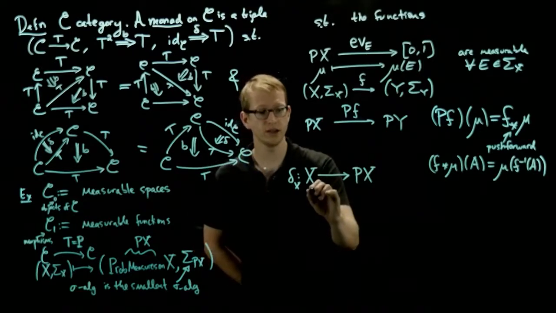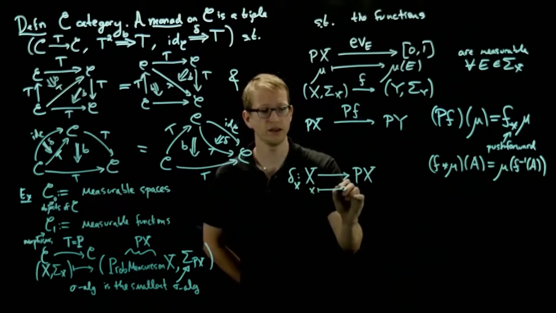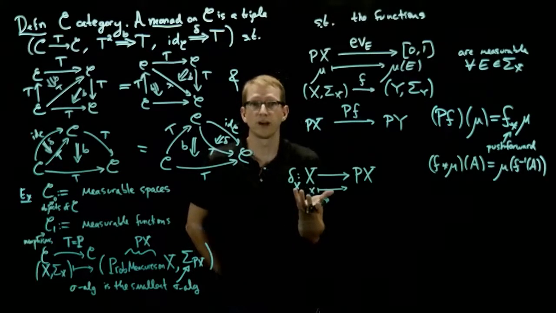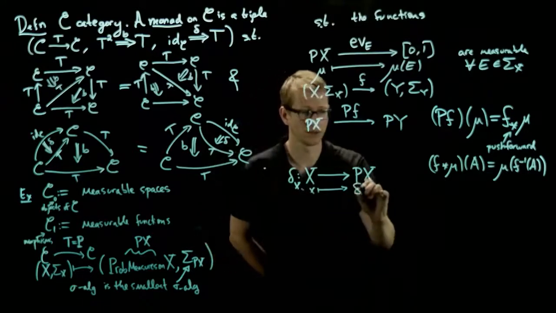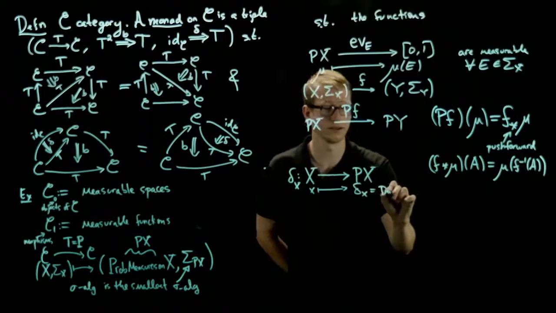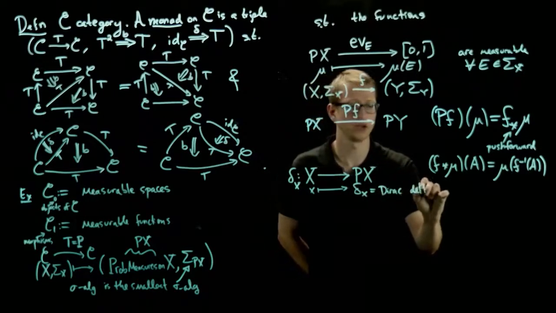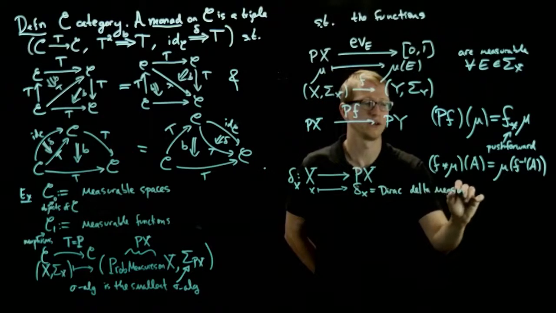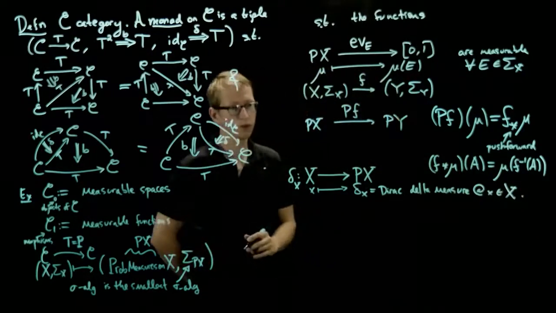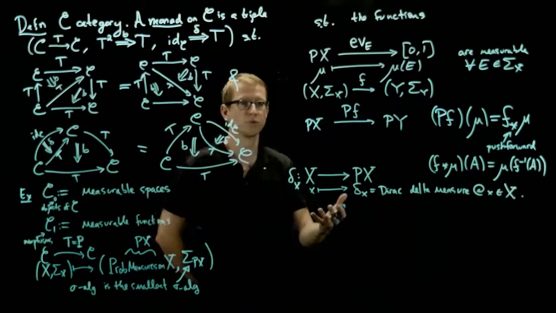It takes a single element in X, and I need a probability measure associated with every element of a measurable space. And one such thing is the Dirac delta measure at X. So this is just little delta X. This is the Dirac delta measure at X in X. So it turns out that this defines a natural transformation.